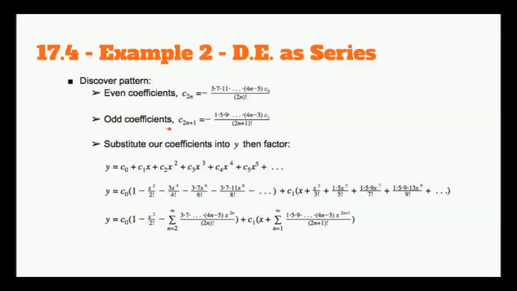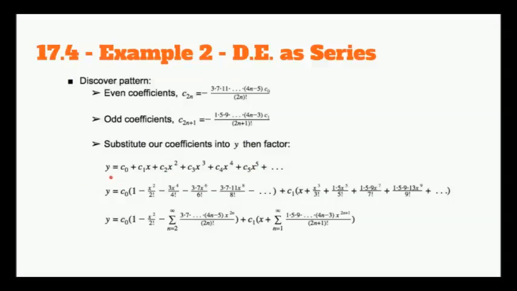And the odd coefficient c2n plus 1 is equal to negative 1 times 5 times 9, and so on until 4n minus 3, times c1 over 2n plus 1 factorial. Now we substitute our coefficient into y, then we factor it.